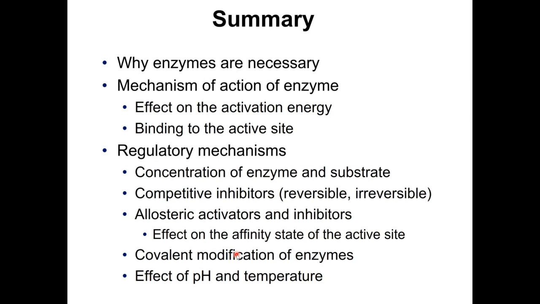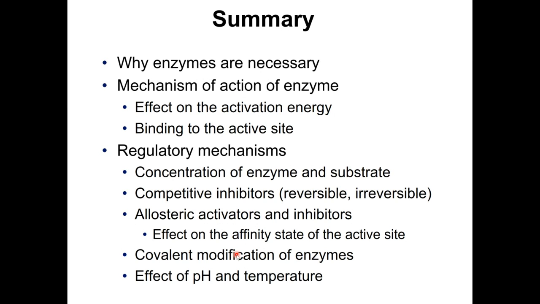Now we talked about the regulatory mechanisms of enzymes. We talked about how the concentration of enzyme and substrate affects how fast an enzymatic reaction goes. And we talked about how some molecules called inhibitors or activators can bind to enzymes, either on the active site, in which case you would talk about competitive inhibitors, or a different site called the allosteric site.